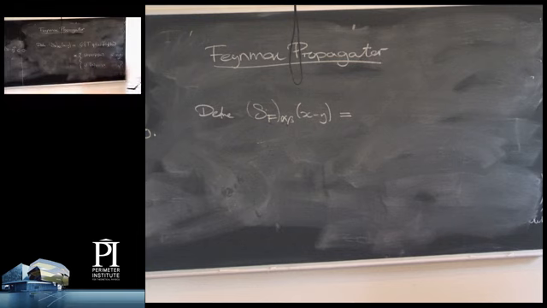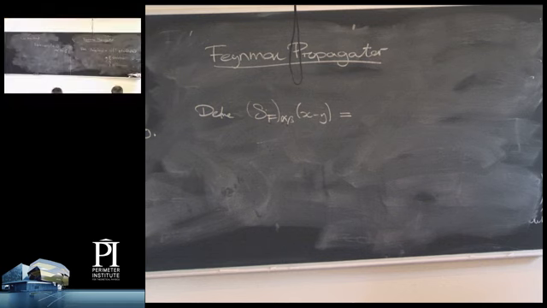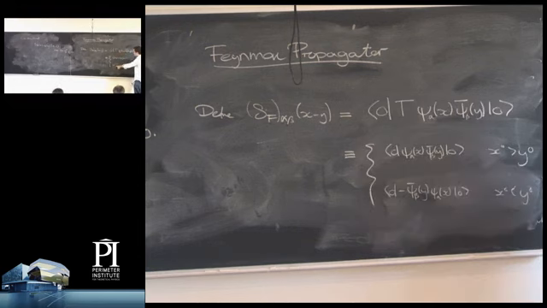Time ordering doesn't quite involve just placing the one at later time to the right. If in doing that you have to move this one past this one, you pick up a minus sign for your troubles, and the minus sign is because these anti-commute instead of commute.